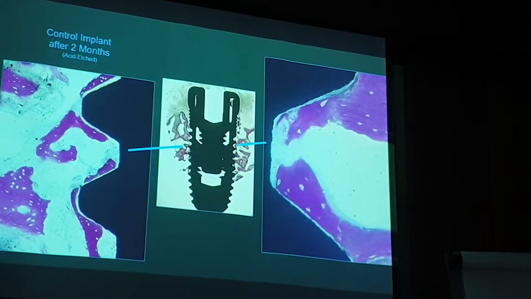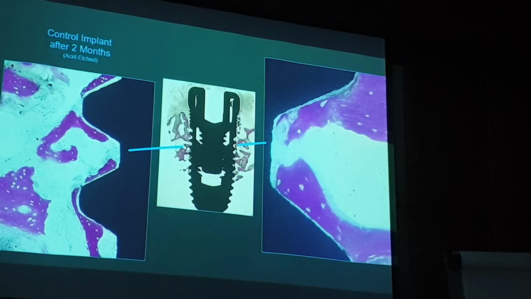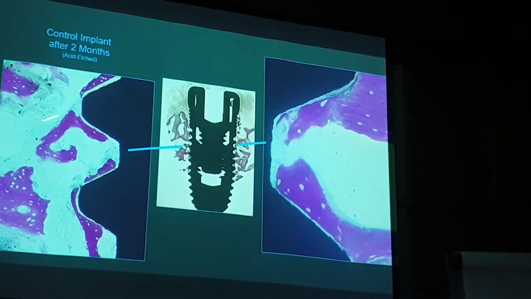When they did the histomorphometry in this case, this is the amount of bone that you see going around the acid etched implant. Average amount of bone implant contact. No real bone remodeling after 2 months. You can see this with any implant in the world. Any implant that you use will look exactly like this.